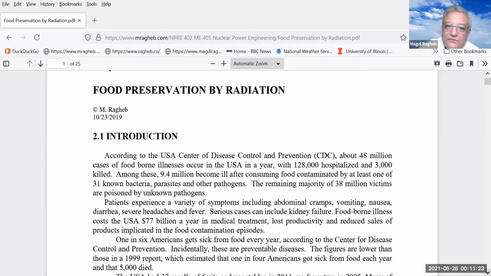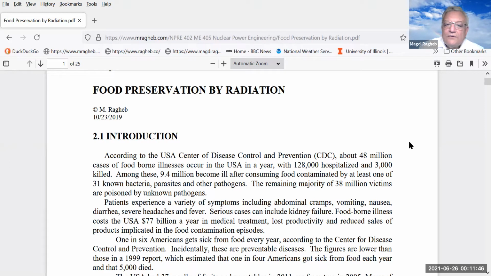But what we are going to do today is explore a new industry. It is used extensively in Europe and Canada, but not in the United States. It will come to us for preserving the food supplies and extending the shelf lives. Why is that important to consider as a future technology beyond the sterilization of medical products?